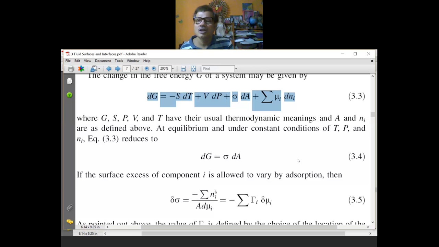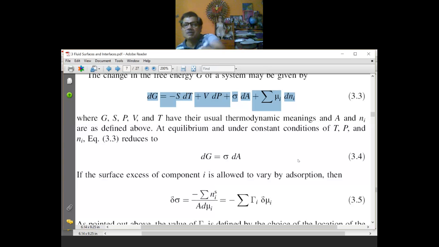Then you are left with only dG, and then also the chemical potential, so dG would be equal to sigma dA. Okay, so sigma equals dG by dA.